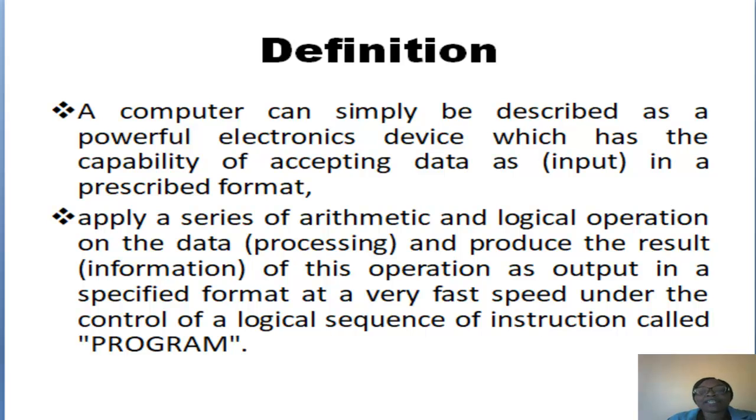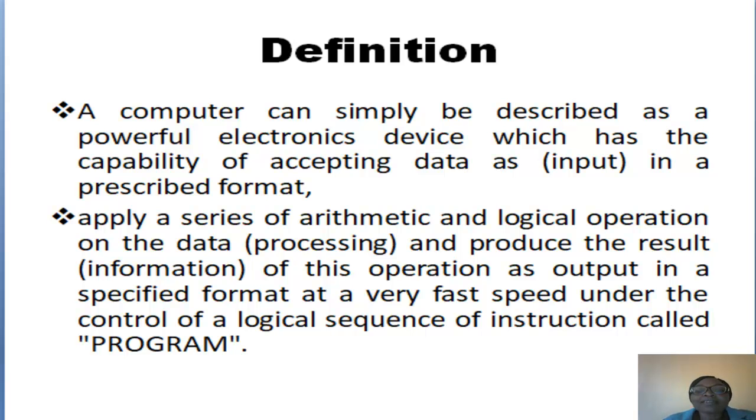But the one I have in the lecture notes that you have is: a computer can simply be described as a powerful electronic device which has the capability of accepting data, which is known as the inputs, in a prescribed format, the format you want that data to be.